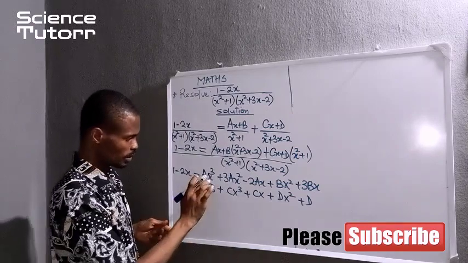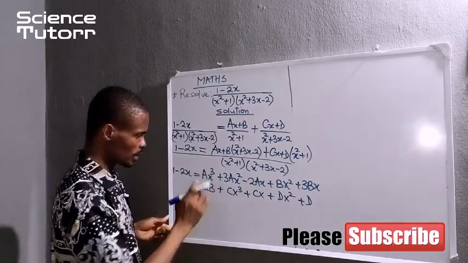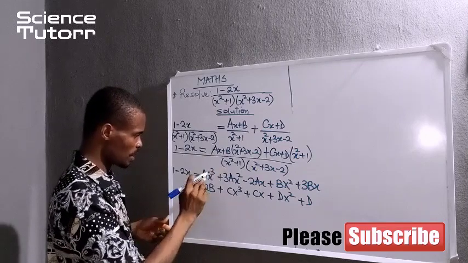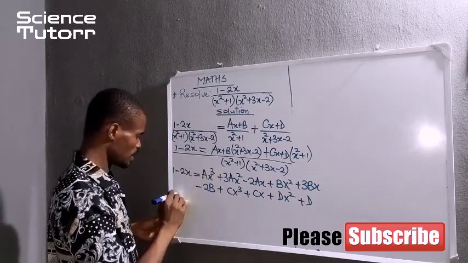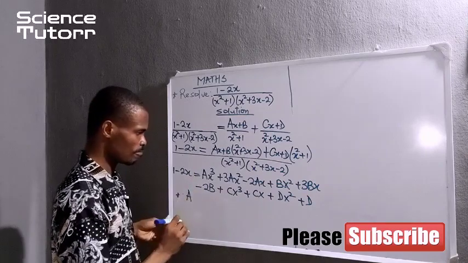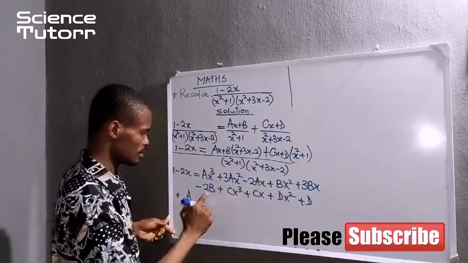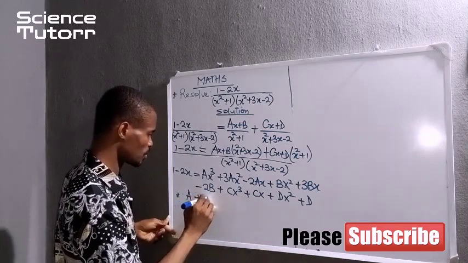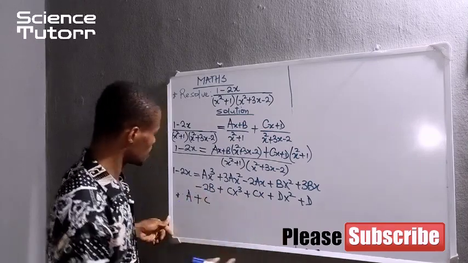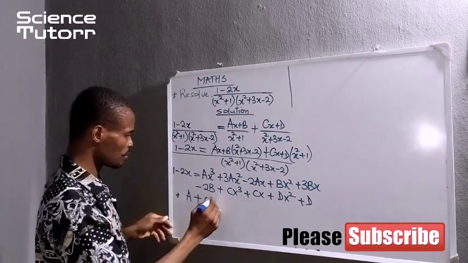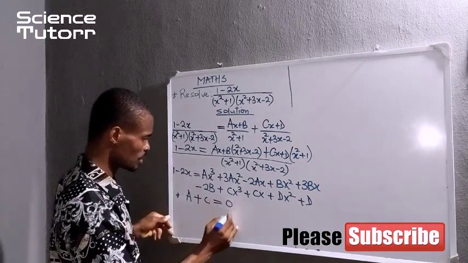Those with x raised to power 3, we have a and c. So a plus c, nothing else again. On the left hand side, we have none, so we have equals 0.